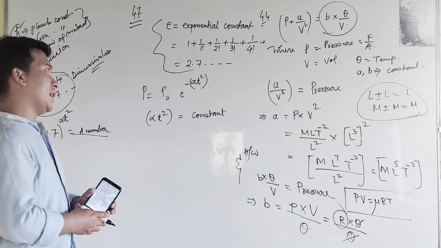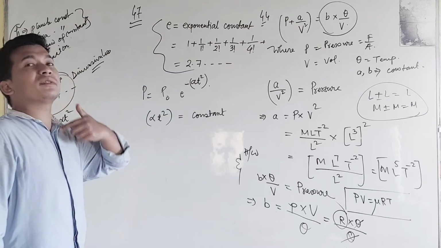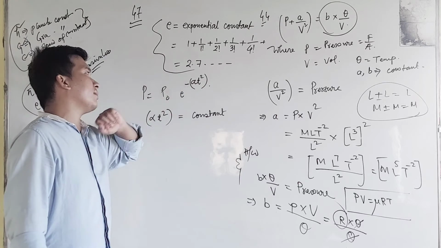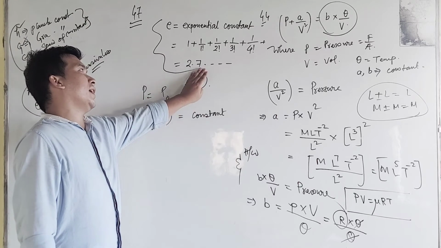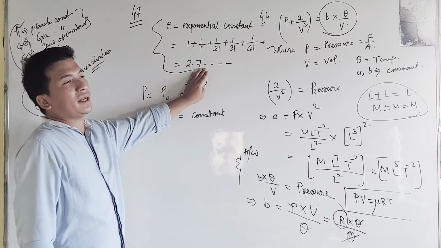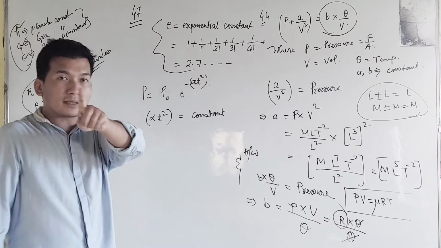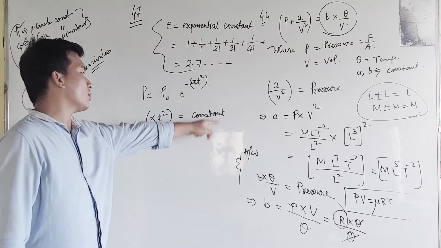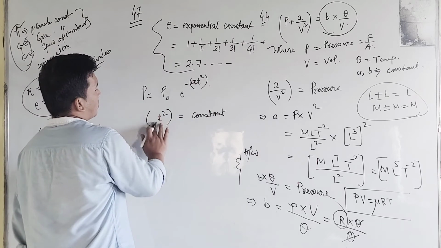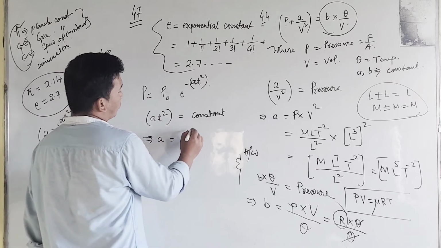If we approach by dimension, what does alpha t square become? This will be a number, e to power 4 or e to power minus 7, which means alpha t square must be a number. A number is also a constant. Here we can put it like this: a is equal to a constant.